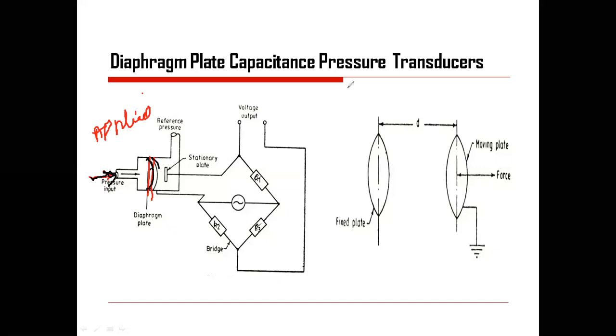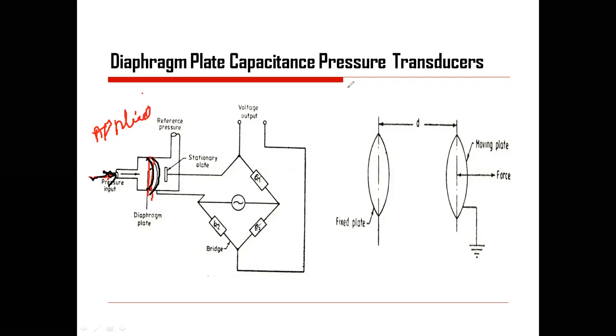There will be a deflection, as we have seen that the diaphragm is an elastic type of sensor. So due to the applied pressure, if low pressure has been applied, the deflection generated will be less. If more pressure is applied, then the deflection generated will be more.